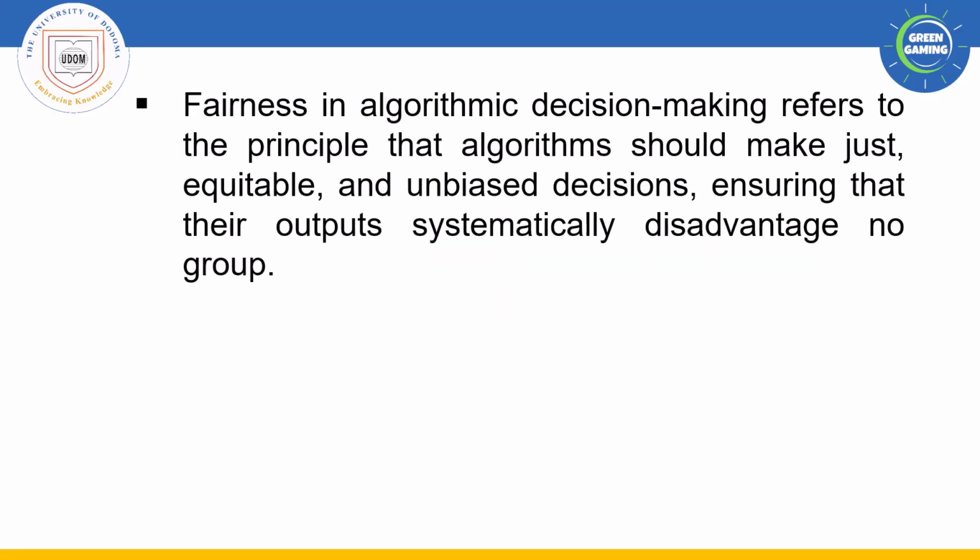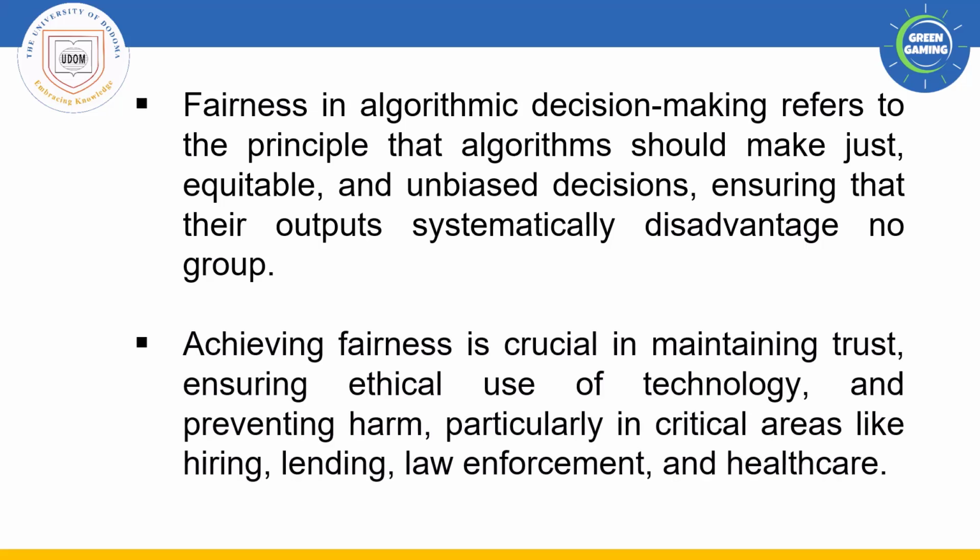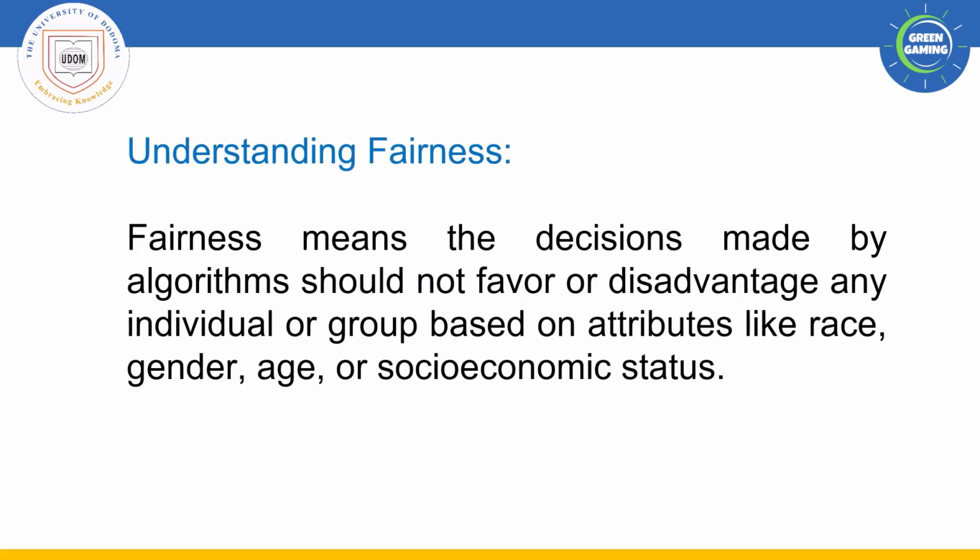So fairness in algorithmic decision making refers to the principle that algorithms should make just, equitable, and unbiased decisions, ensuring that their outputs do not systematically disadvantage any group. Achieving fairness is crucial in maintaining trust, ensuring ethical use of technology and preventing harm, particularly in critical areas like hiring, lending, law enforcement, and healthcare.